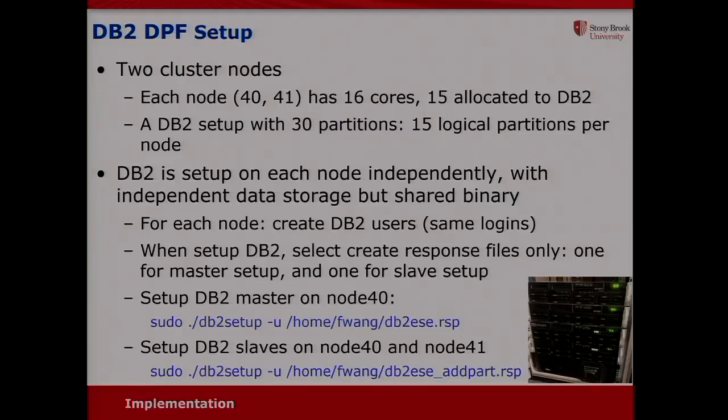Instead of using the DB2 setup GUI interface, there's one approach using a response file. You can create a DB2 setup with a GUI interface that will generate a response file, and then you can use the command line to quickly set up all the partitions. So that's one trick. Basically, we don't need to use a GUI interface for all the setup, and we can just use a script to set up everything very quickly.